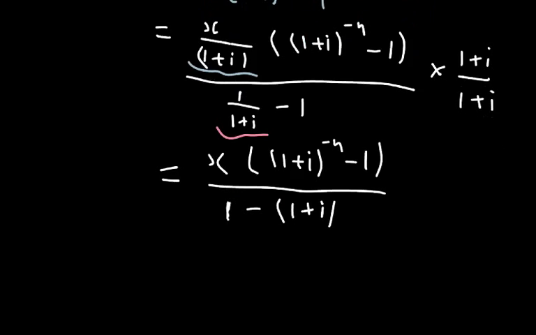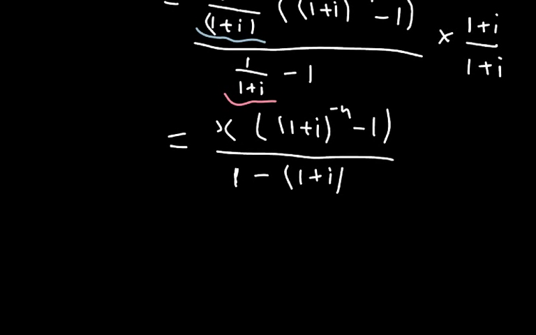If we apply this minus into the bracket, that becomes a minus 1 and that becomes a minus i. So now on the bottom we have minus i, and on the top we have the same as what we had before.